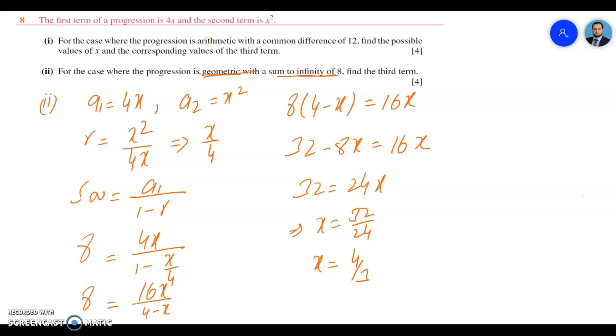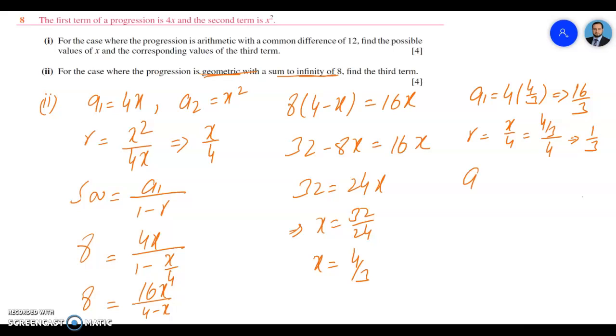So since x is 4 by 3, a1 must be 4 times 4 by 3, so a1 is 16 by 3, and then r is x by 4. So when x is 4 by 3 over 4, that means r is 1 by 3.